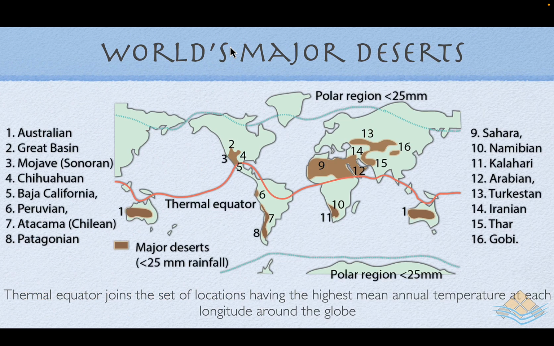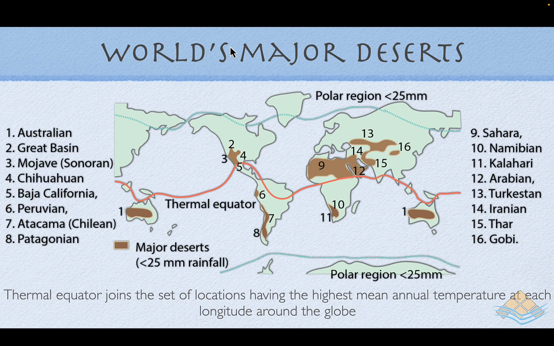If we look at the desert belts around the world, this is a simplified schematic showing you the position of the thermal equator and the deserts lying either side of that thermal equator. Remember, the thermal equator joins up areas on the world's surface where we have the highest mean annual temperature at each longitude. So we're looking at a single longitude and we're plotting along that longitudinal profile.